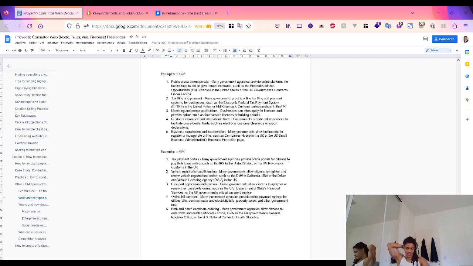They can also issue online licenses and permits, such as food service or building permits. To facilitate cross-border trade, they provide online services such as electronic customs clearance or export. In business registration or incorporation, many governments now allow business to register or incorporate online.